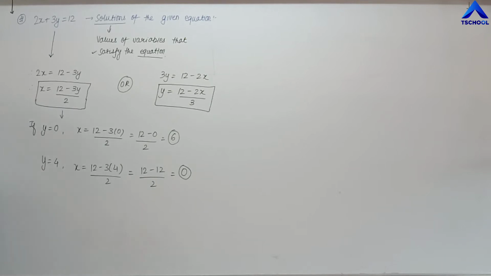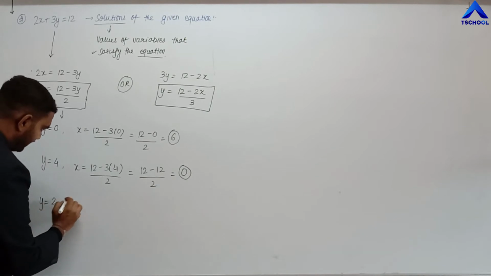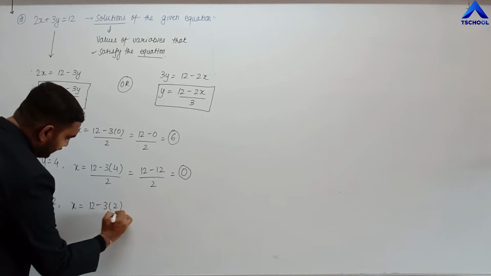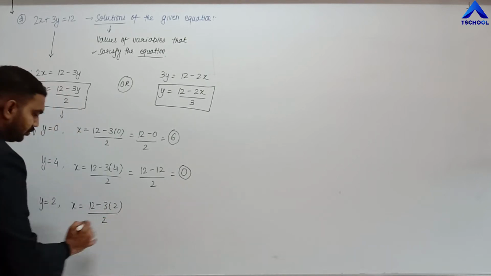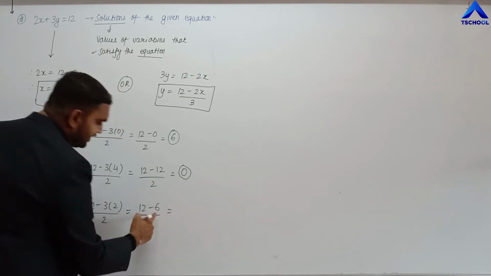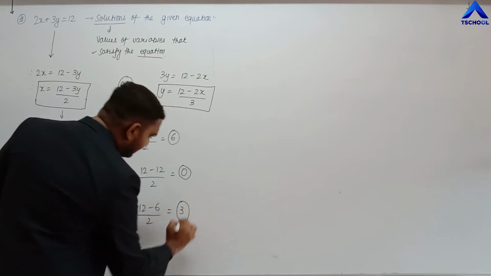Similarly, what if I take y equals to 2? That means x equals to (12 minus 3 into 2) upon 2. That is (12 minus 6) by 2. What is 12 minus 6? 6 upon 2. That will be 3.